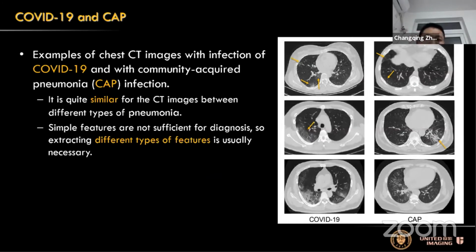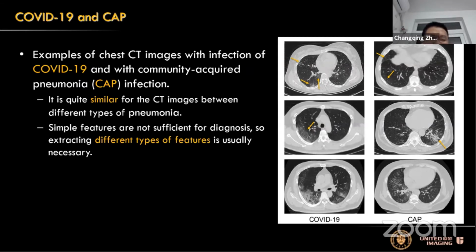Here are some examples of chest images with infection of COVID-19 and with CAP infections. According to these examples, we can find that, for some patients, the corresponding CT images are very similar between different types of pneumonia.